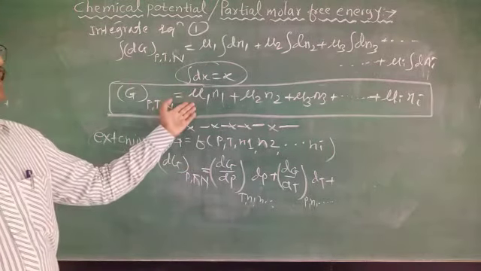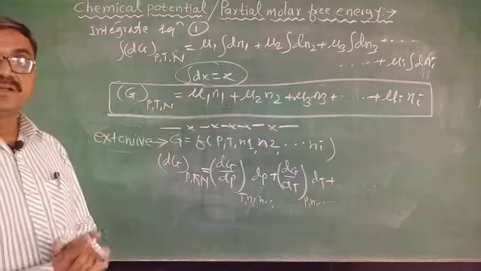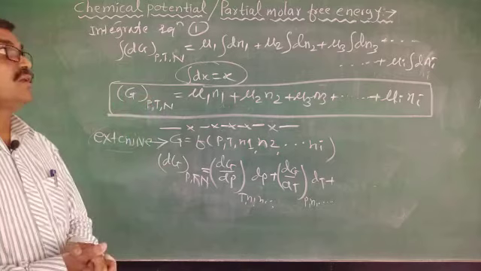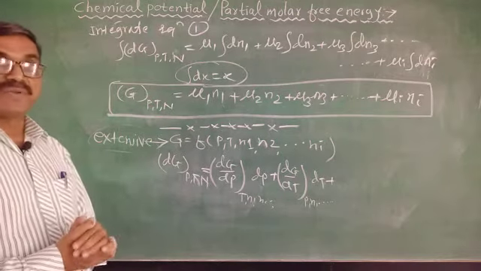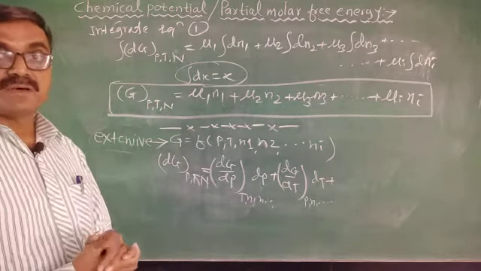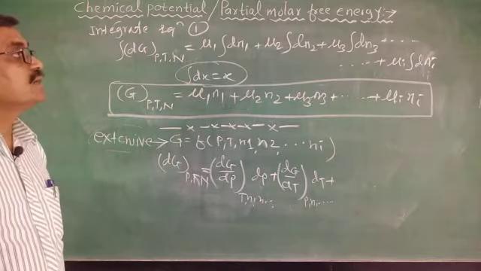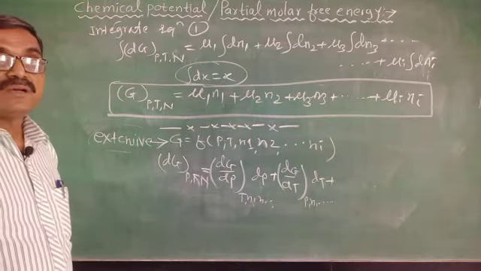After integration you will get this easier equation, which is nothing but the chemical potential or partial molar free energy of the system. Okay, I think you are all getting this very well.